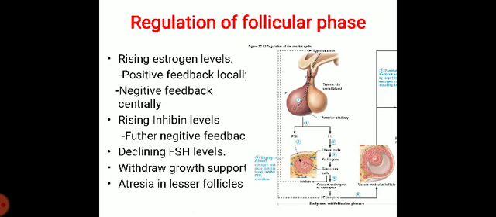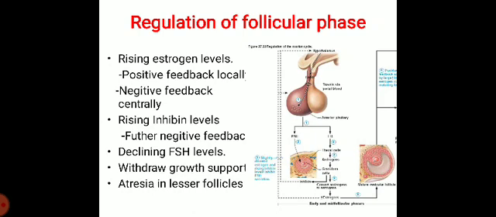And luteinizing hormone has its effect on the thecal cells and then on the androgens. It causes the proliferation of the granulosa cells and converts androgen to estrogen. The granulosa cells also cause the secretion of inhibin.